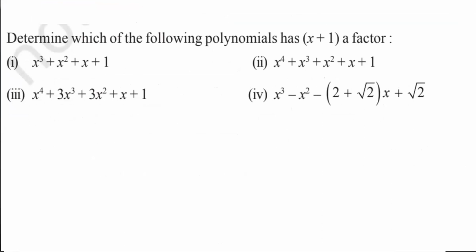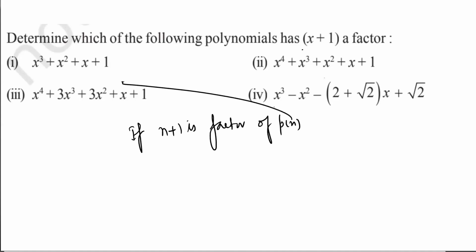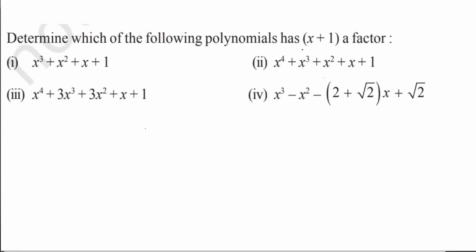It is given, determine which of the following polynomials has x plus 1 as a factor. So if x plus 1 is a factor of p(x), it may be of this one, this one, this one, or this one, any. So what would happen?